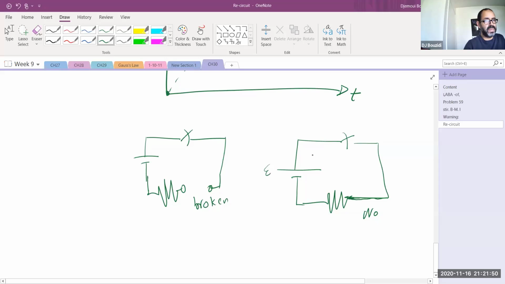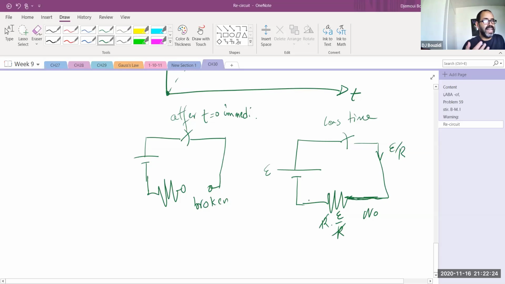Because the EMF here is epsilon, the current after a long time is going to be epsilon over R, and the voltage across the resistor is going to be R times the current, which is simply the EMF. So the entire voltage drop is here, as if there is nothing anywhere in the circuit other than the resistor.